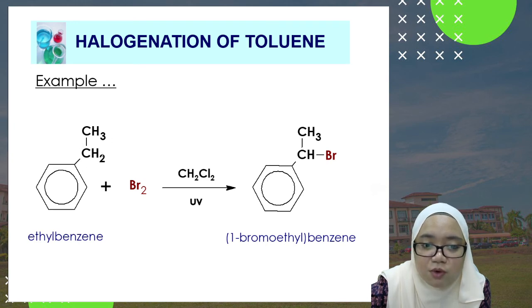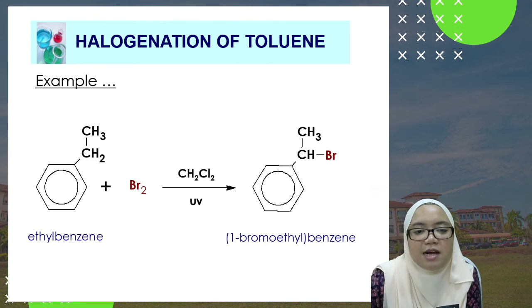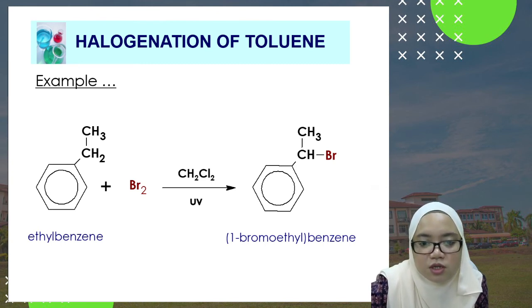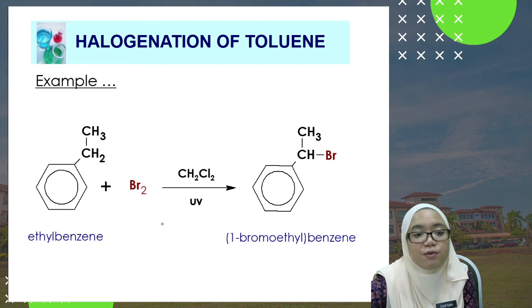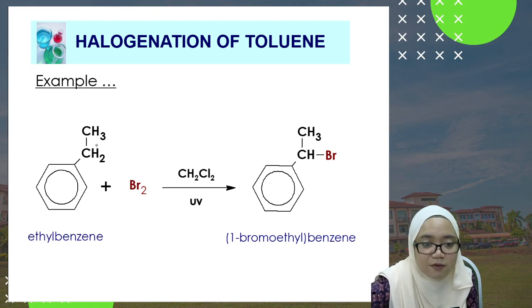So maksudnya kita akan buang hydrogen yang dekat belah sini sebab dia more stable compared to hydrogen yang sini. So that's why bila undergo free radical substitution, the bromine will be substituted at carbon yang ini, secondary carbon.